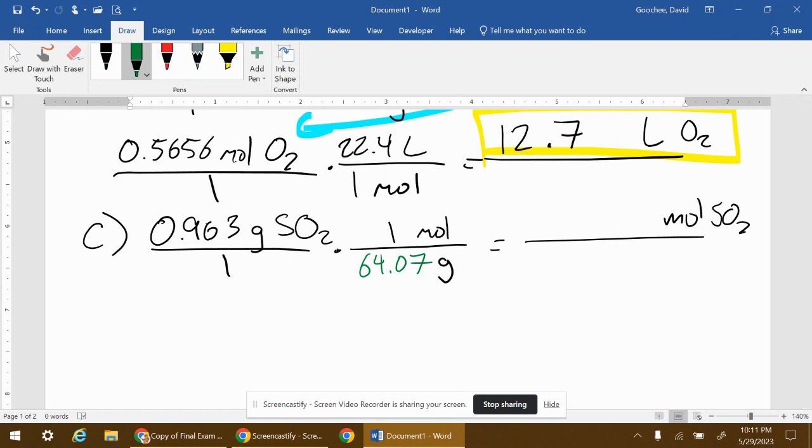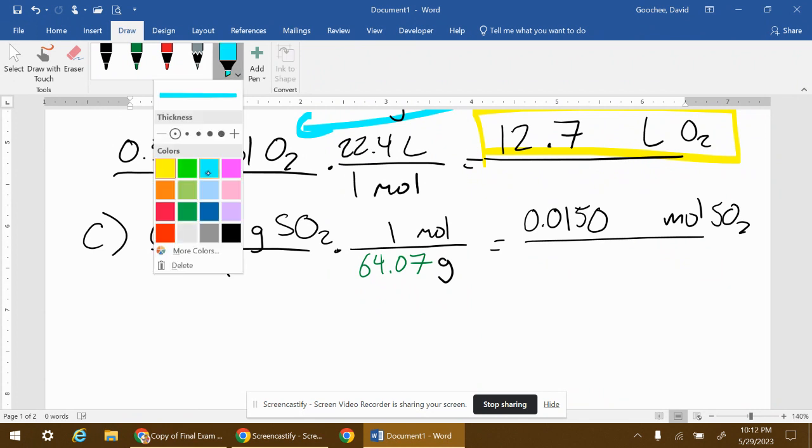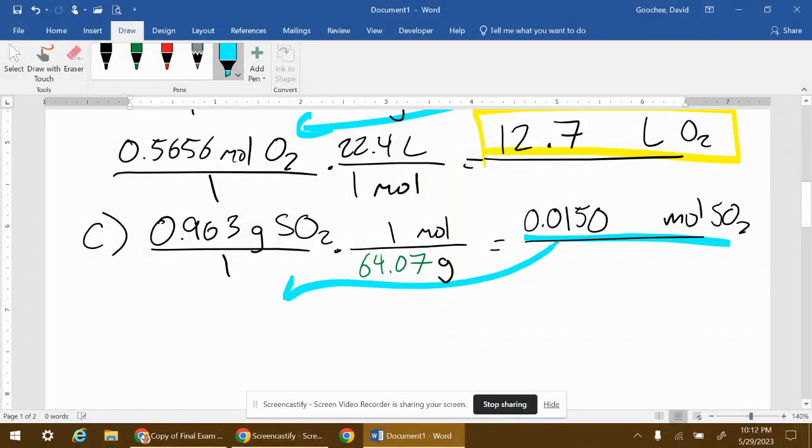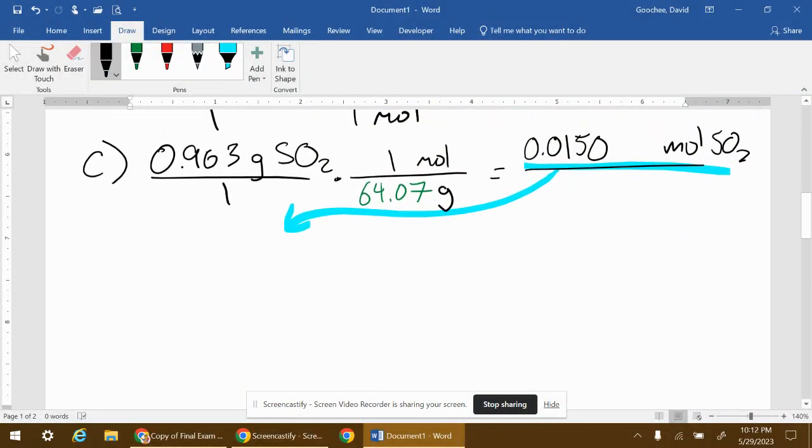So 0.963 divided by 64.07, this is a very small amount, all right? You need 64 grams to have a mole. We don't even have 1 gram, so a very small amount, 0.0150 moles of SO2. So we're going to take that value here, and we're now going to plug it back in, all right? 0.0150 moles of SO2.